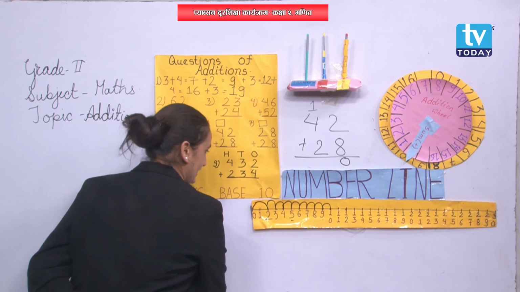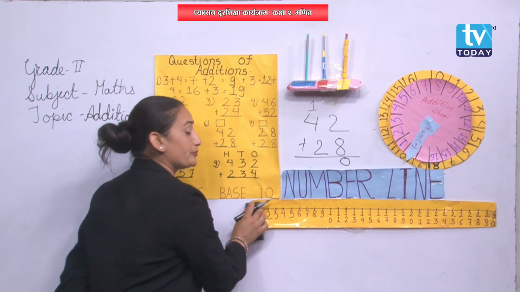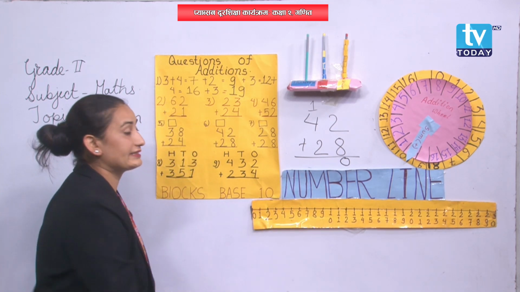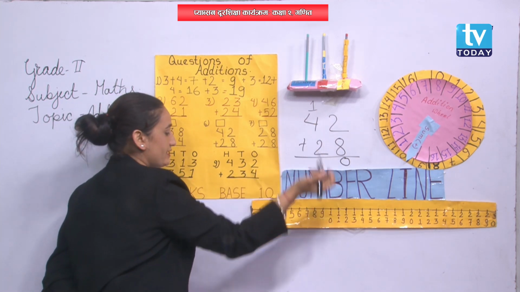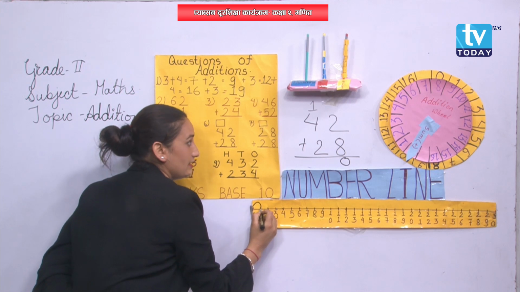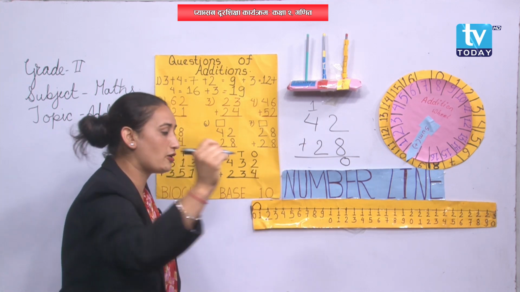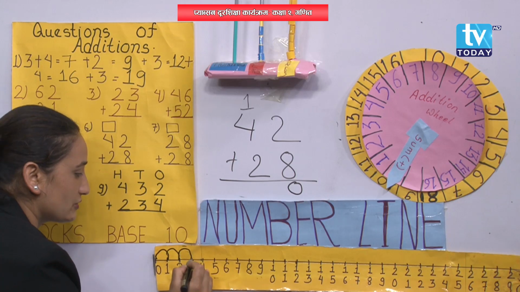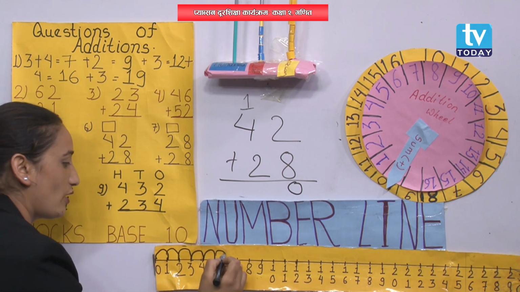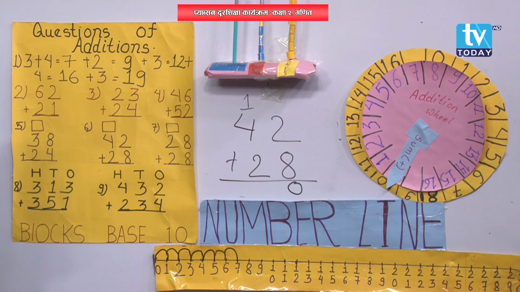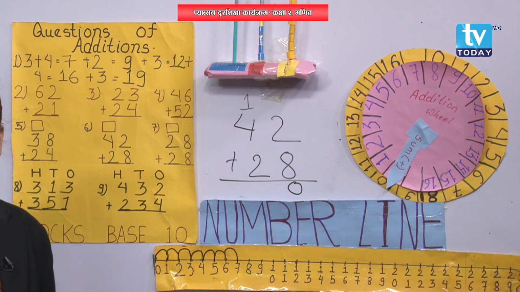So once again, they need to jump from here. See here, 1. Then after 4 times, 1, 2, 3, 4. Then after 2 times, 1, 2. Altogether, how many times they have jumped?